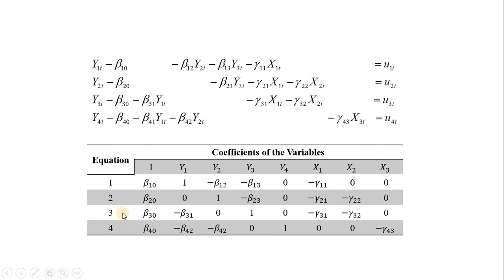Then the third equation: beta 30, minus beta 31, then y2 is excluded, y3 has parameter 1, y4 is excluded, x1 is minus gamma 31, and x2 is minus gamma 32. In the last equation, the intercept is beta 40, y1 is minus beta 41, y2 is minus beta 42, y3 is 0, y4 is 1, x1 is 0, x2 is 0, and only x3 is there, with parameter minus gamma 43.